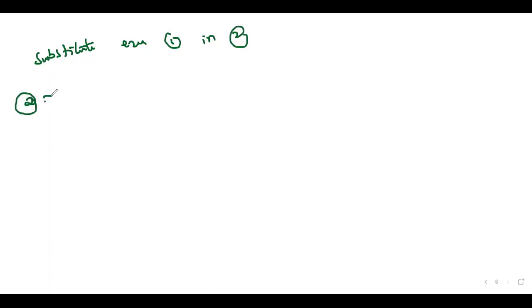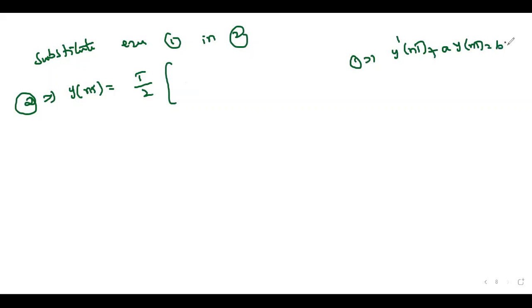Therefore, equation 2 can be written as y of nT is equal to T by 2 into y dash of nT, which is from the first equation. y dash of nT plus a into y of nT is equal to b into x of nT.